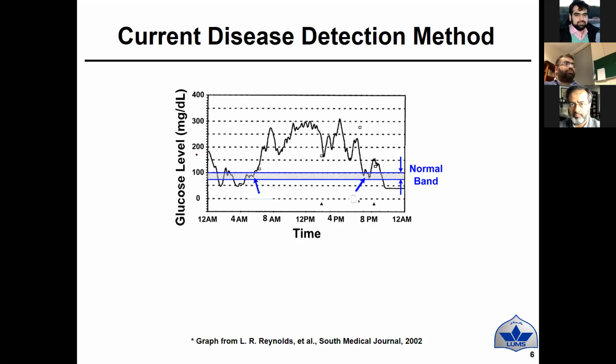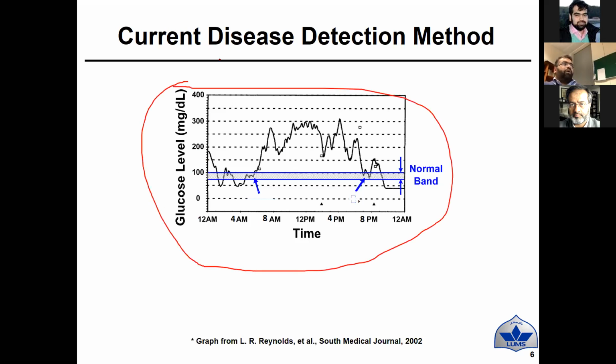For example, if we see a diabetic patient and his glucose level over 24 hours, which is shown in this slide. What normally happens, if you know any diabetic, if not in your family, you might have seen, is that they normally use the finger prick method to measure their sugar level.